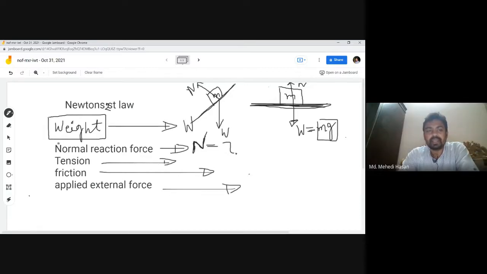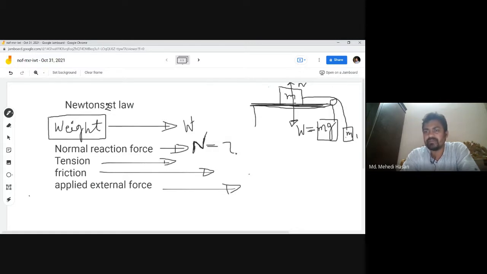In case of tension, the tension will act when the object is suspended, or there is a string attached with the object, and the force will act away from the object. For example, in the first case, the object is on a table and here is a pulley, and we attach a string and attach an object with mass, say m1.